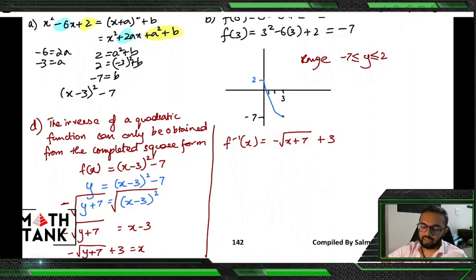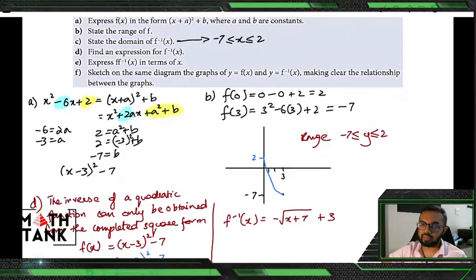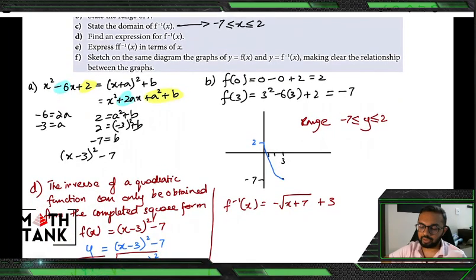Because based on this domain that I was given, this curve only exists on the left hand side of the turning point. If this question had a domain that said, let's say 3 to 6, then I would have said that this curve is on the right hand side, and then there would have been a plus outside here. If it's on the left hand side, then there is only the negative part of the curve, and therefore there's a negative outside.